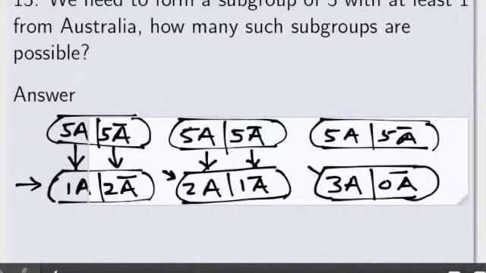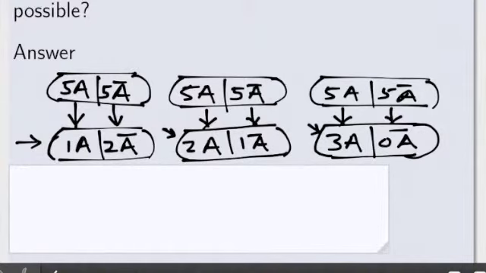And if we are considering a subgroup which consists of 3 Australians and 0 non-Australians, these 3 Australians need to be chosen from a pool of 5, and the 0 non-Australians have to be chosen from a pool of 5 non-Australians. So let's write the total combinations.